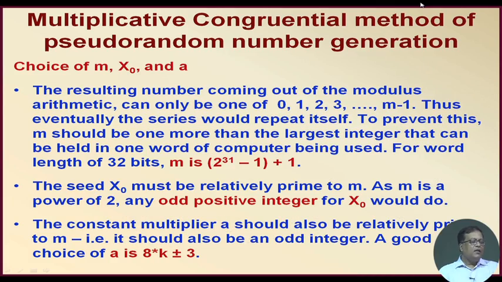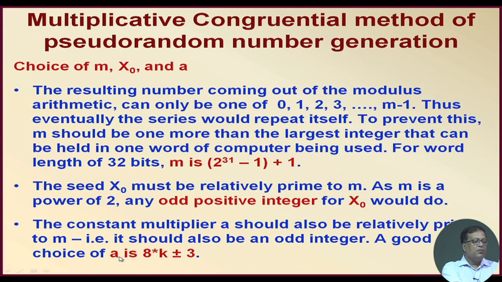Second, the seed x0 must be relatively prime to m. As m is a power of 2, any odd positive integer for x0 would do. So remember that it should be relatively prime to m, and m is a power of 2. And the constant multiplier a should also be relatively prime to m, that is, it should also be an odd integer.